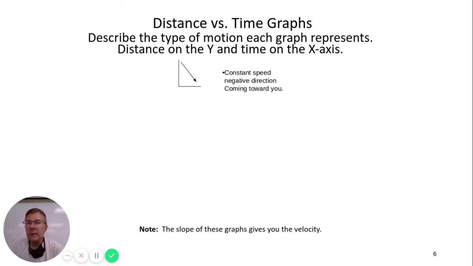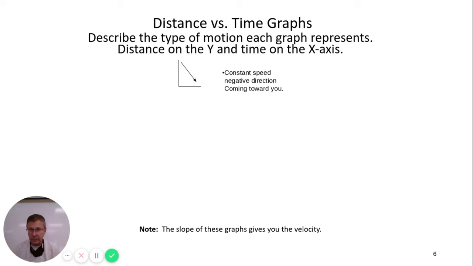So, a straight line going diagonally downward. What that means is constant speed, negative direction. And negative direction means something's coming towards you. If I was to throw a ball to you, to me the distance would be increasing away from me, so it would go upward.